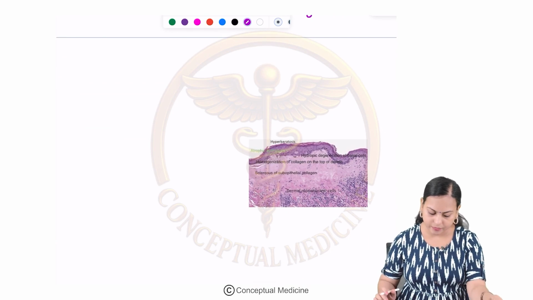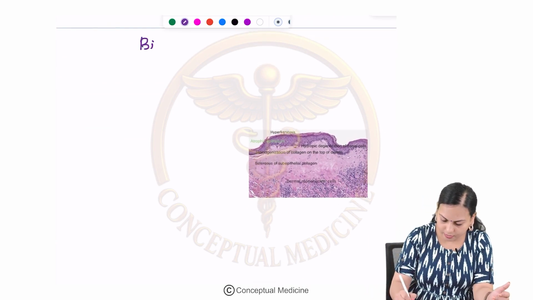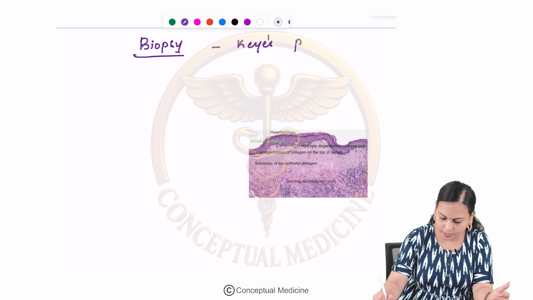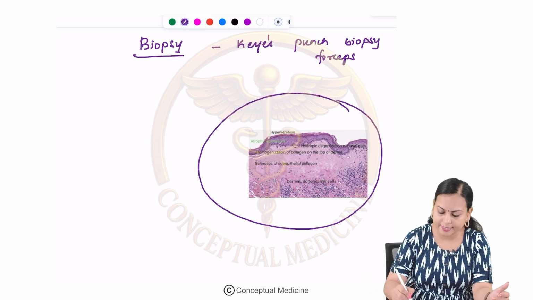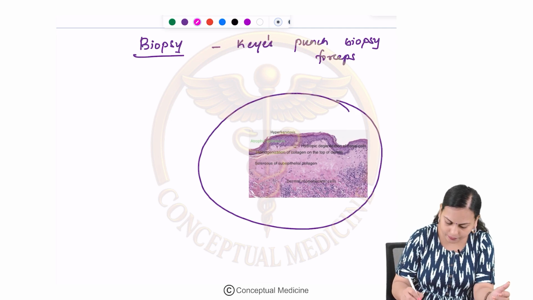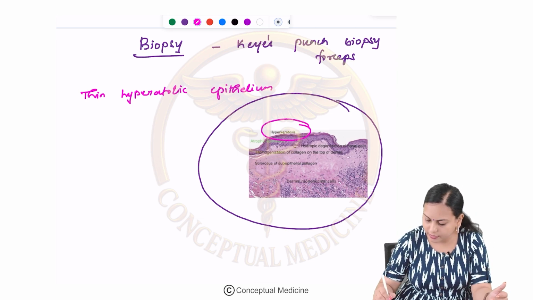Diagnosis is usually with a biopsy using Keyes punch biopsy forceps, and this is the histopathological examination of lichen sclerosus, where you are able to see thin, hyperkeratotic, that is atrophic epithelium.